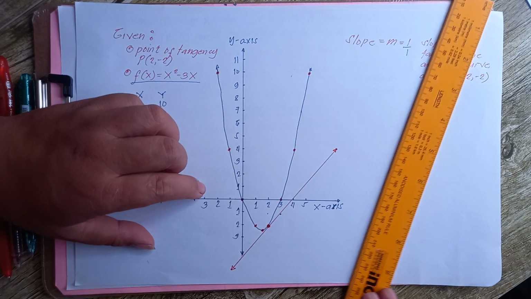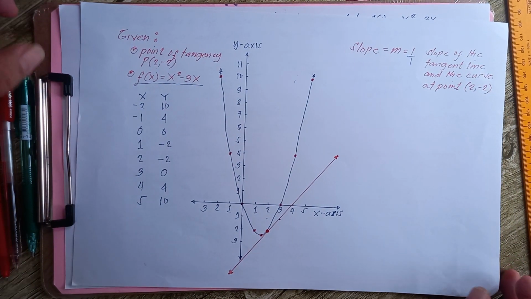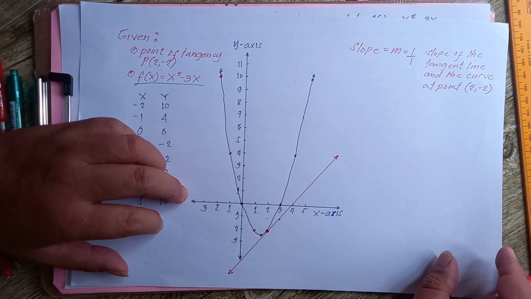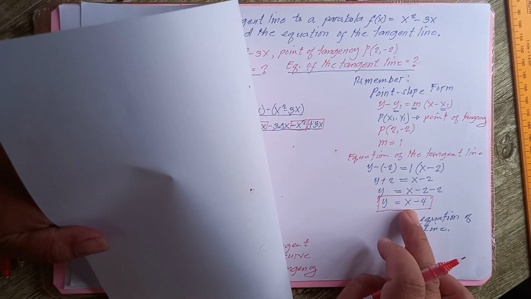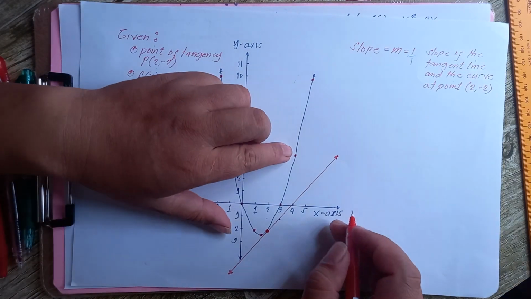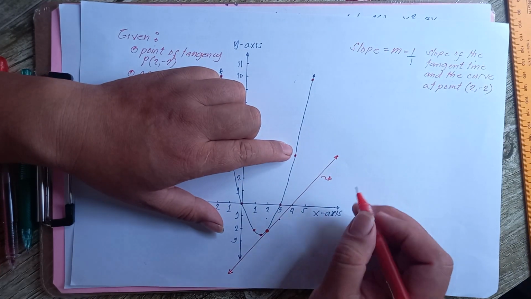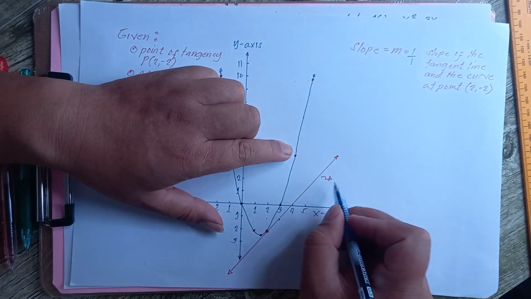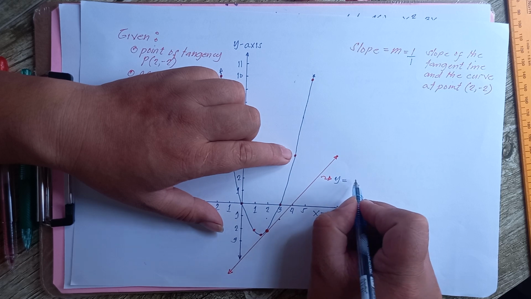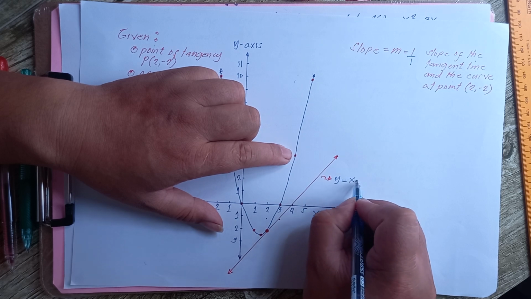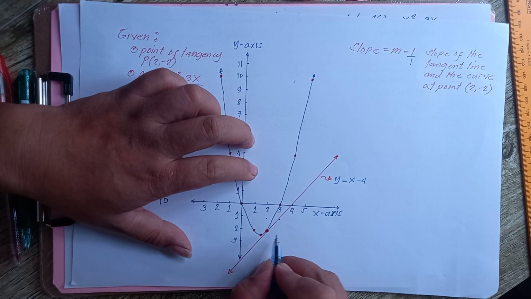Okay, so what's the name of our tangent line? We have here, the tangent line is y is equal to x minus 4. So the name of this one is y is equal to x minus 4. Now, where is the point of tangency?